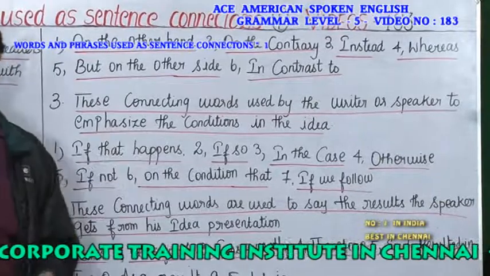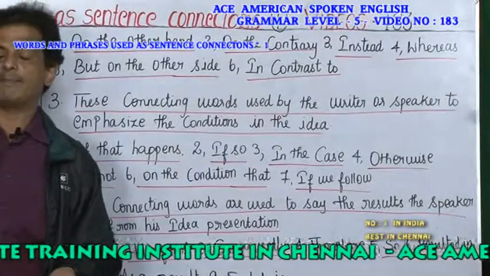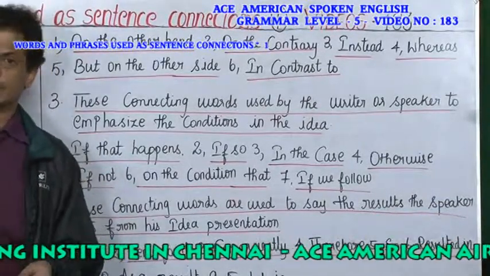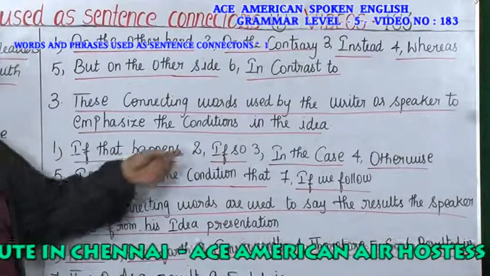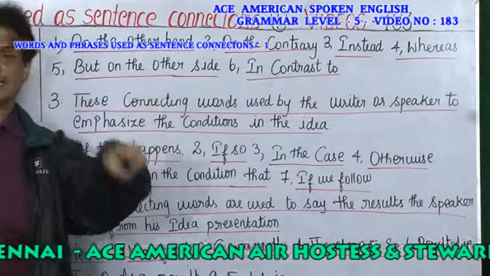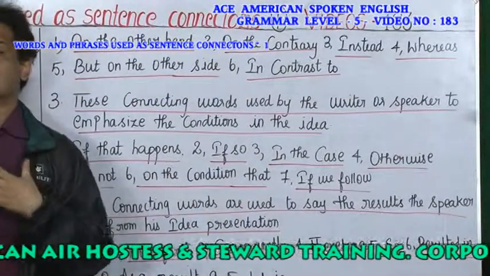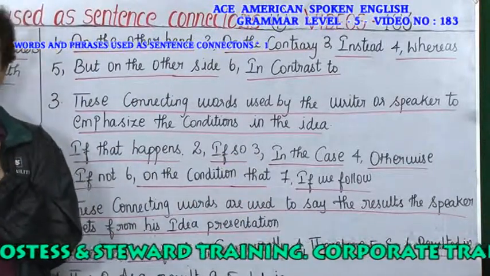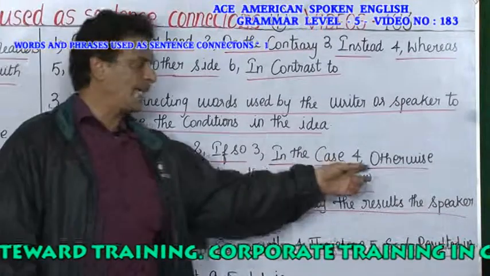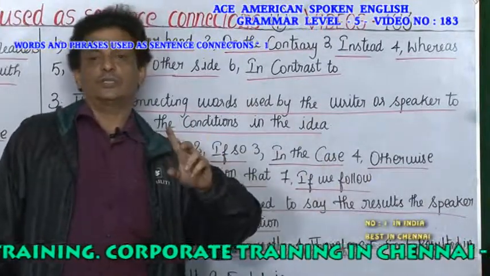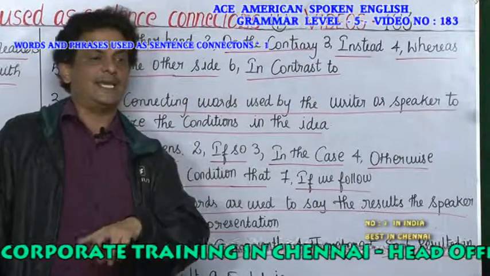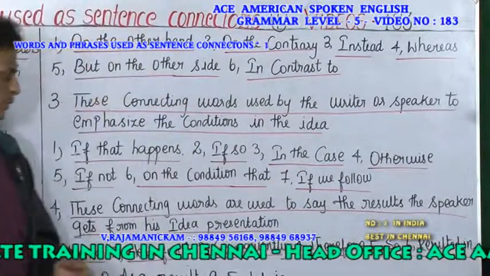If that happens, see, if that happens, what happens? If India becomes a superpower, if that happens, if so, if something else is there, in the case I go to America, then what will happen? Otherwise, if I am not selected in IAS, otherwise what will I choose?